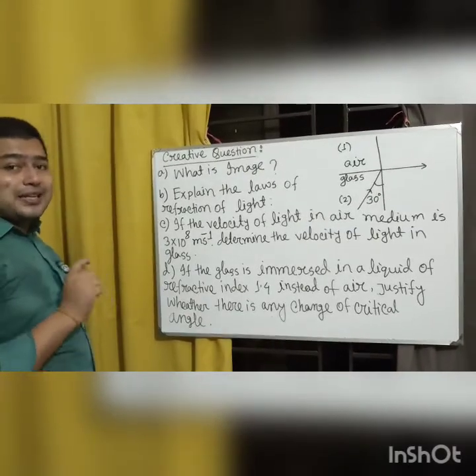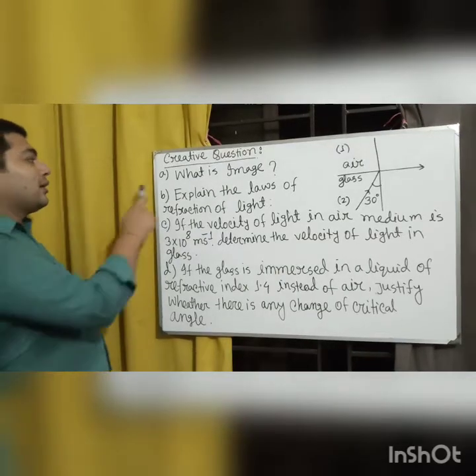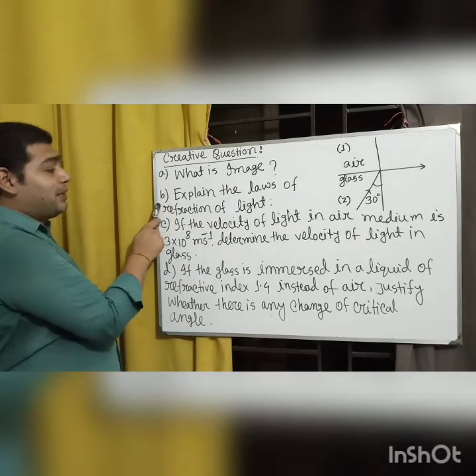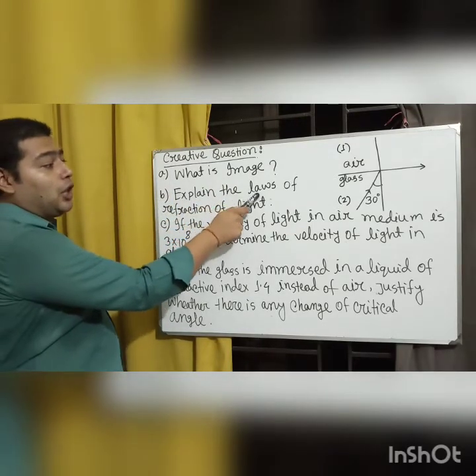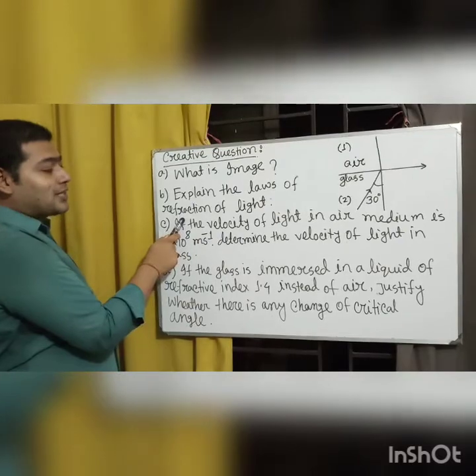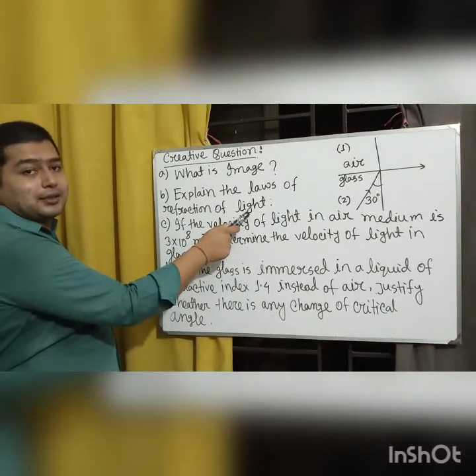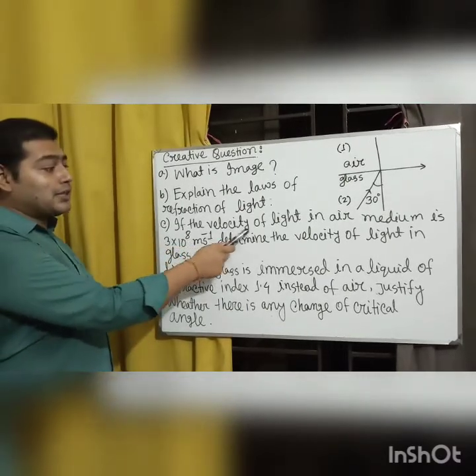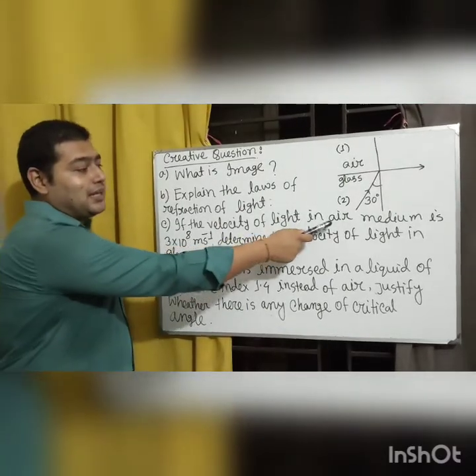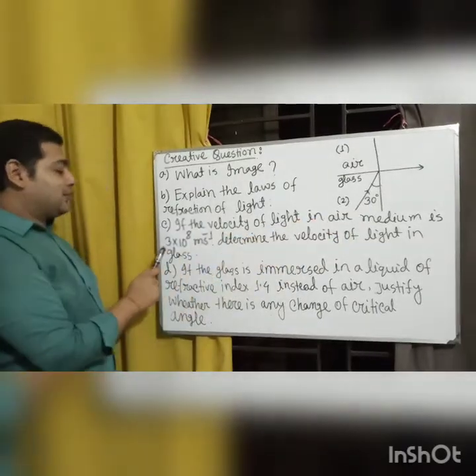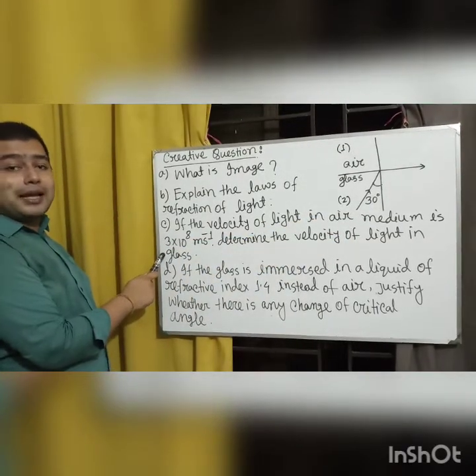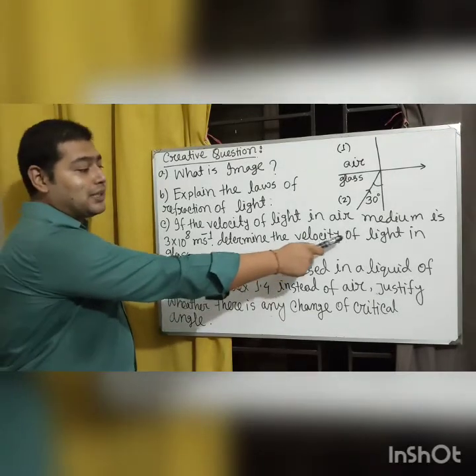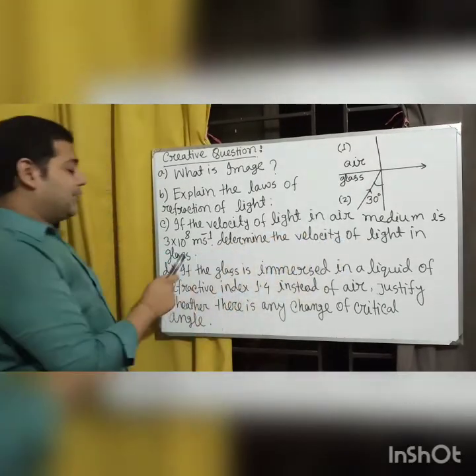I am repeating it again. Question A, what is image? Question B, explain the laws of refraction of light. Question C, if the velocity of light in air medium is 3 into 10 to the power 8 meter per second, determine the velocity of light in glass.